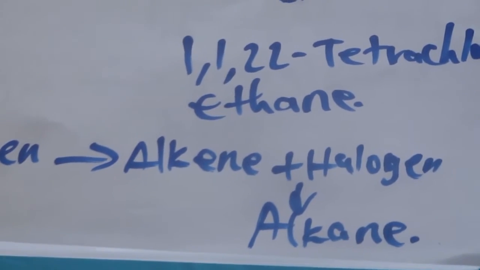Now let us move on to combustion. Under combustion, we usually talk about the reaction between alkenes and alkynes with oxygen. When you react a hydrocarbon with oxygen, you end up getting carbon dioxide and water.